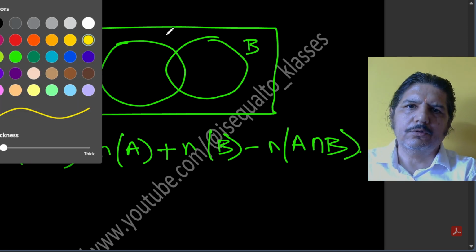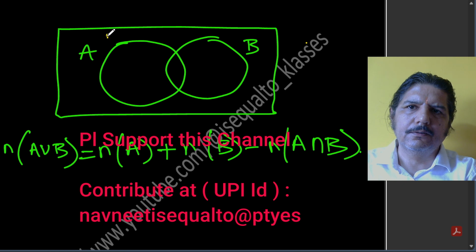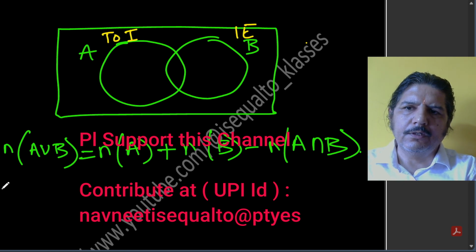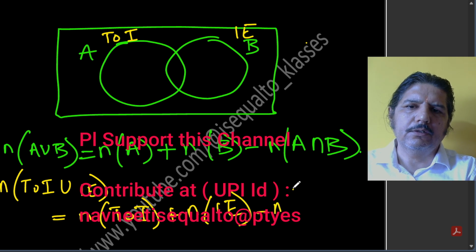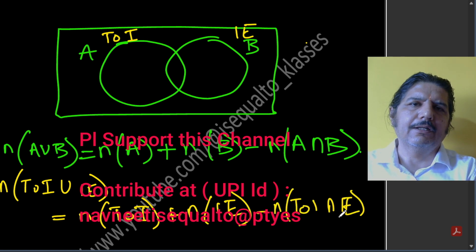Now in our case, this is Times of India and this is Indian Express. So basically N of Times of India union Indian Express is equal to N of Times of India plus N of Indian Express minus N of Times of India intersection Indian Express.